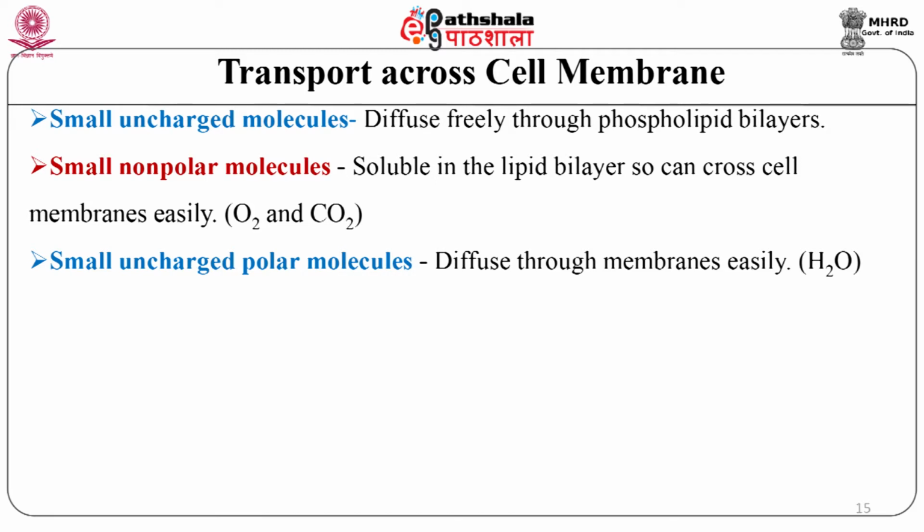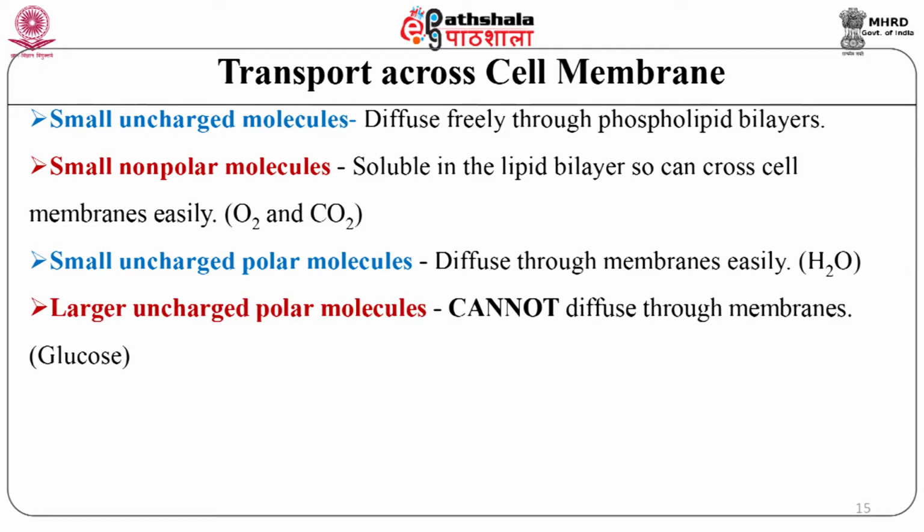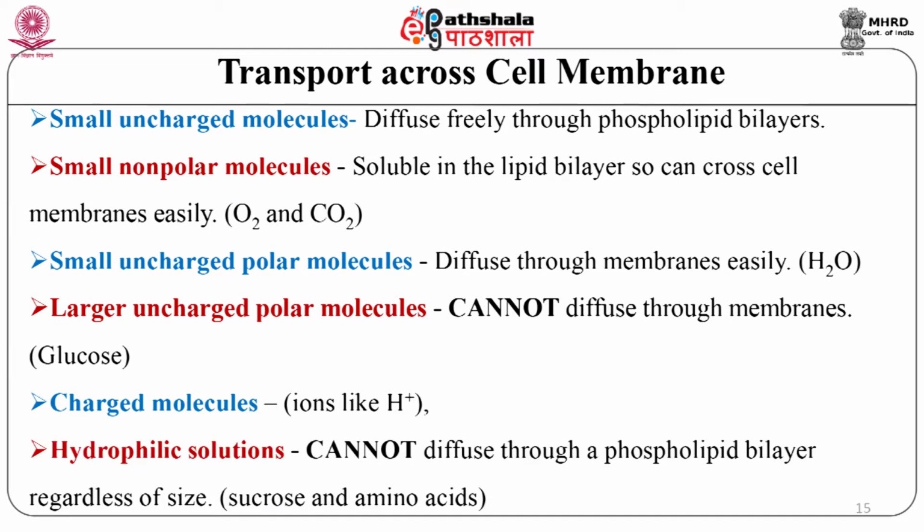Small uncharged polar molecules, for example H2O, can diffuse through membranes easily. Larger uncharged polar molecules, for example glucose, cannot diffuse through the membrane. Charged molecules, for example ions like hydrogen ions, and hydrophilic solutes like sucrose and amino acids, cannot diffuse through a phospholipid bilayer regardless of its size.